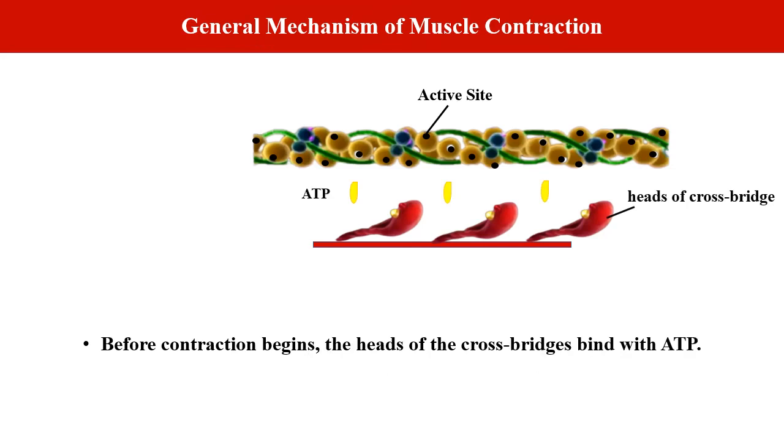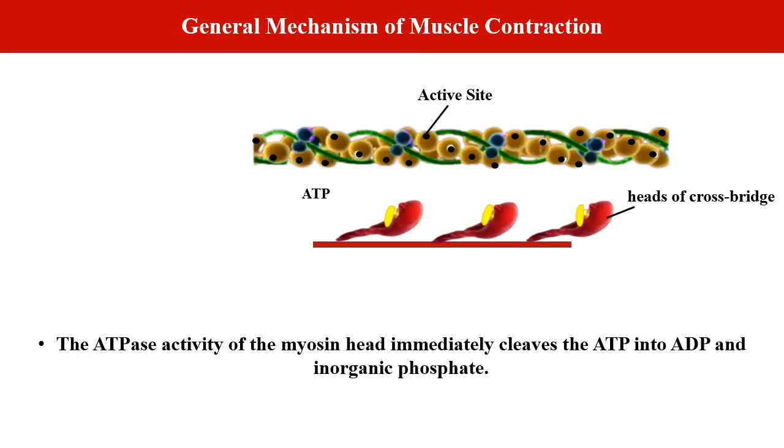Before contraction begins, the heads of the cross bridges bind with ATP. The ATPase activity of the myosin head immediately cleaves ATP into ADP and inorganic phosphate.